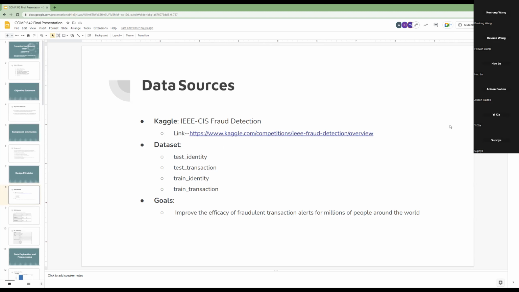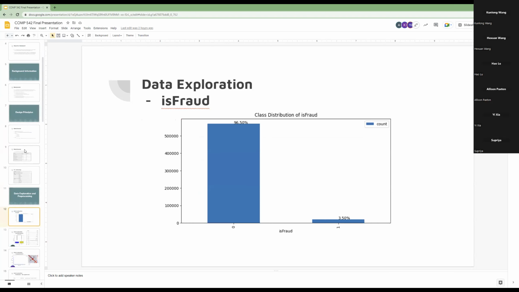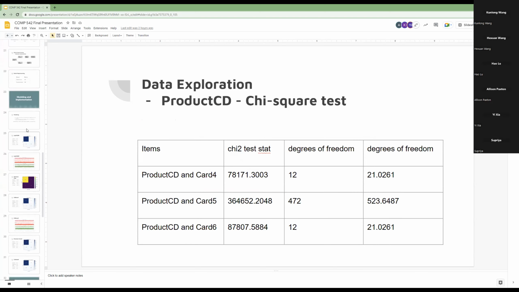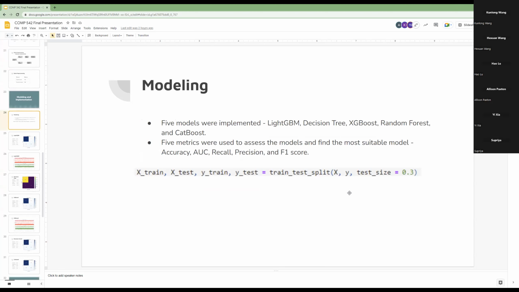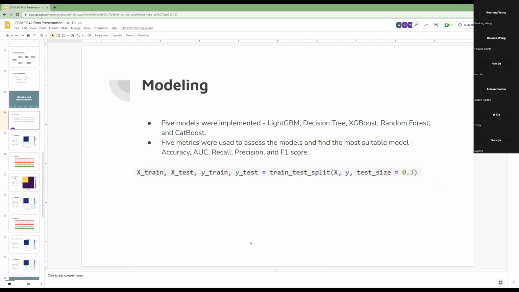Actually, I have a question about the data split. For my part, let me find that. I think it's after the beginning of modeling, right? Here. So for the decision tree, I did it slightly different. I actually combined everything and then split it 30%.